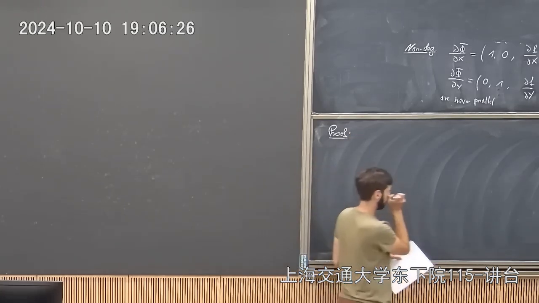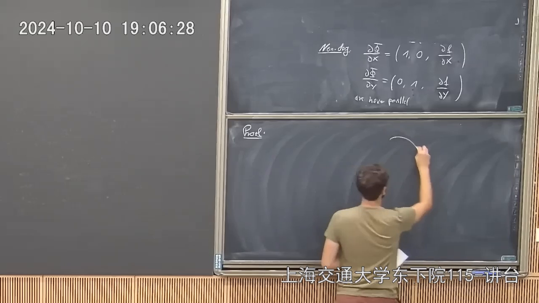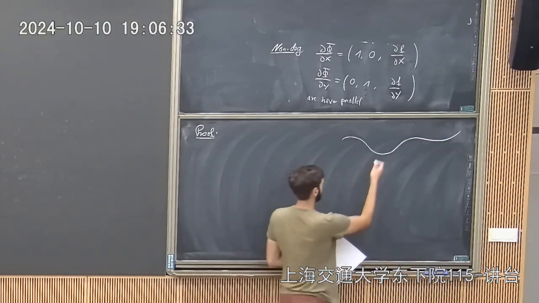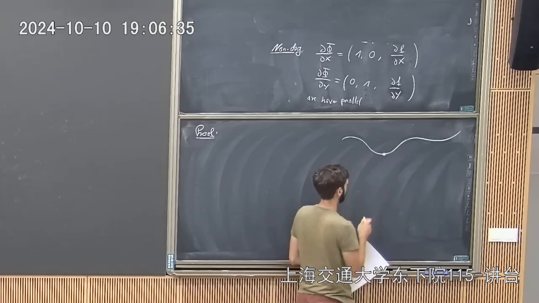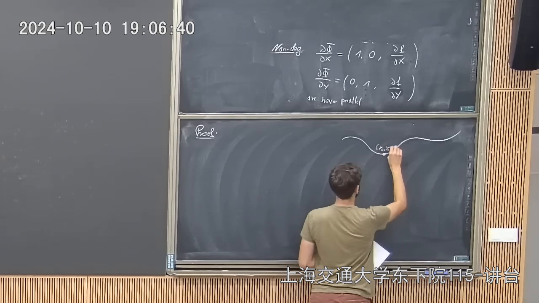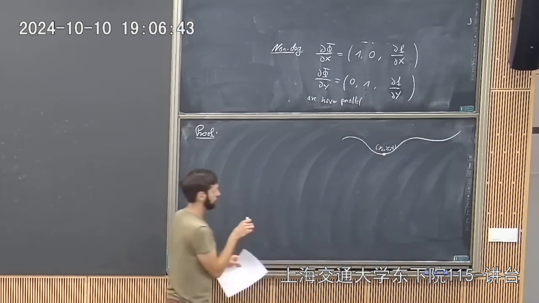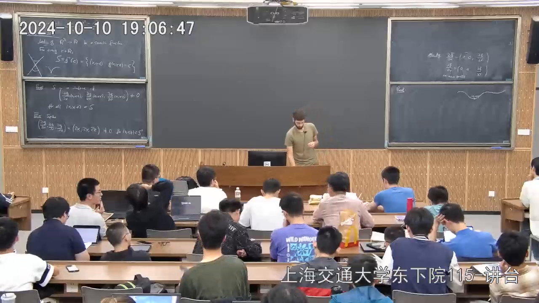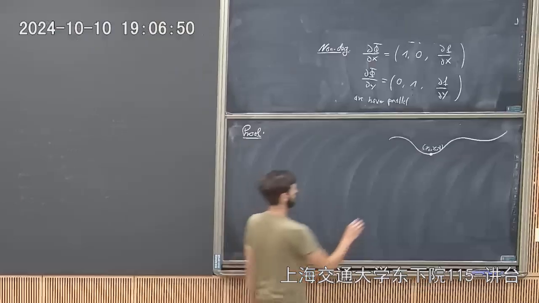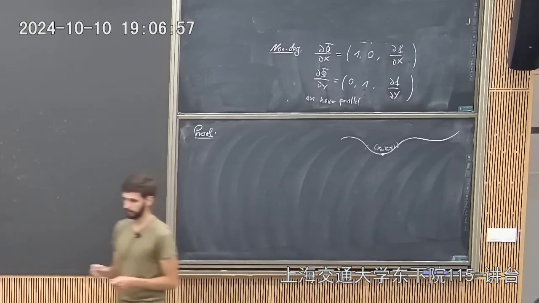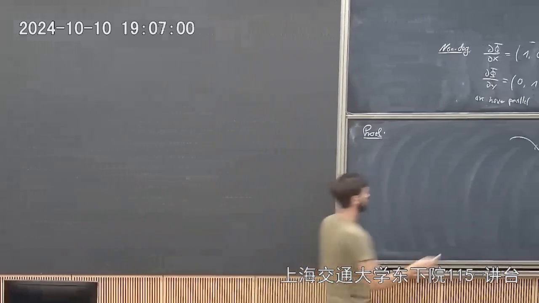The proof in pictures would be: we have some surface, and we have to choose some point, which we call (x0, y0, z0). That's a point on the surface, and what we have to construct is a chart in a neighborhood. So we have to say that something of that form needs to look essentially like a flat part.